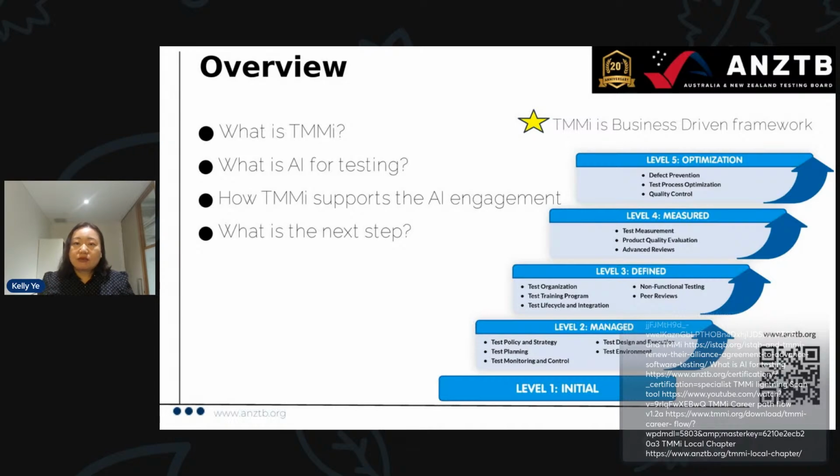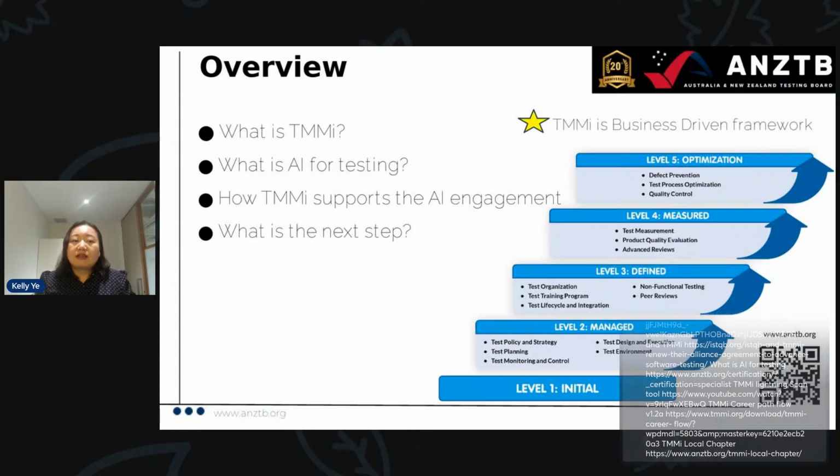We will talk about what TMMi is. Look at the right side, that's the TMMi framework, and they also have a star here. TMMi stands for Test Maturity Model integration. It is a business-driven framework, so everything is related to the organization's business objectives.